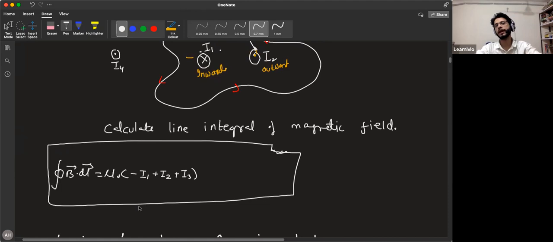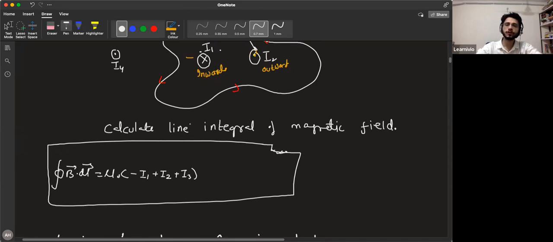There should be a closed surface. Electric field should be uniform throughout the surface. Electric field should be parallel or perpendicular to the surface.